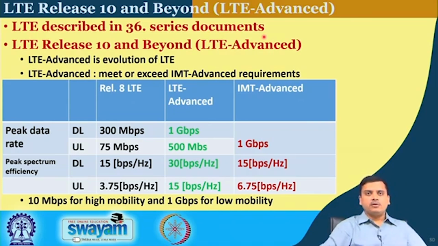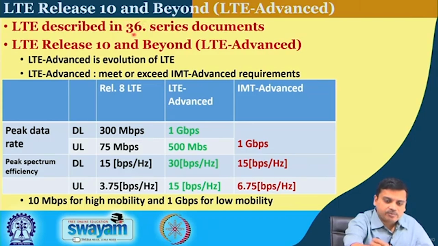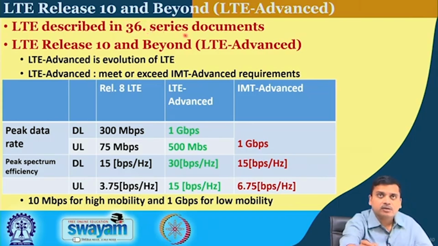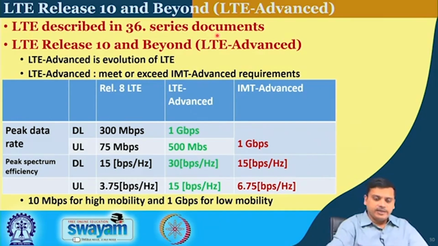If you go to the internet and look up the 3GPP website, there are technical specifications which describe the different technologies that they have released. If we are looking for the LTE series of documents, we need to take up the 36 dot something something, which describes different sets of requirements, which we will probably see in one of the slides.